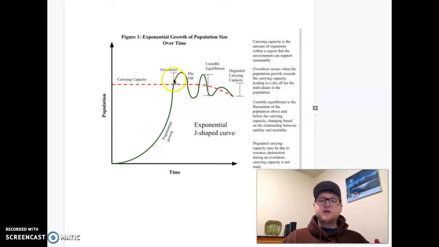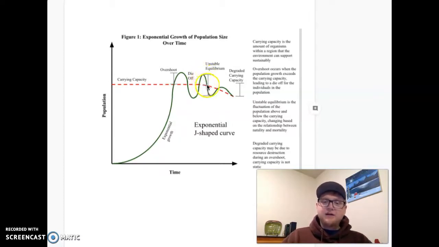After you overshoot this carrying capacity, the population will go back down below the carrying capacity with the die-off. You can see that it rebounds and fluctuates. After these animals die off, they reproduce and shoot back up here, but the environment still can't hold them.